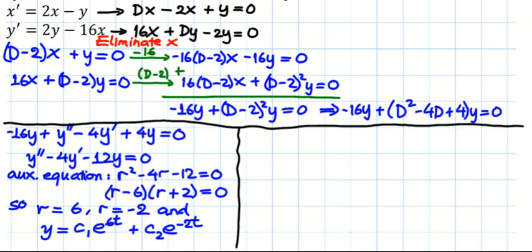So what we do is we look at the original system of equations. In the top equation we have x in two different places, and that's not a good equation to solve for x.